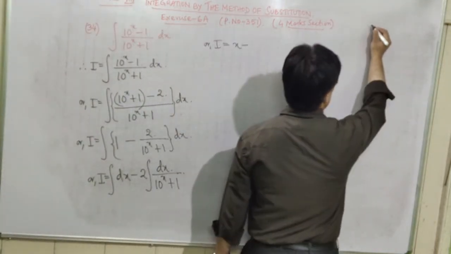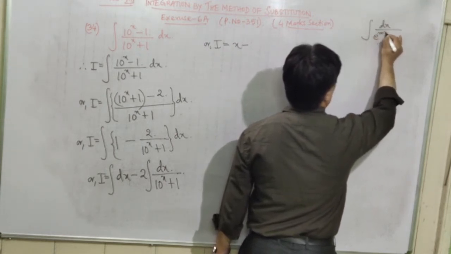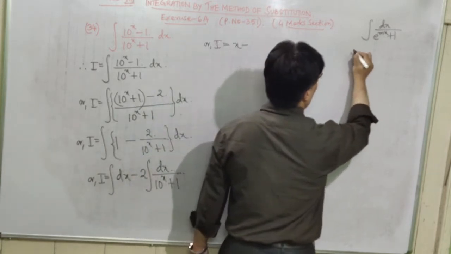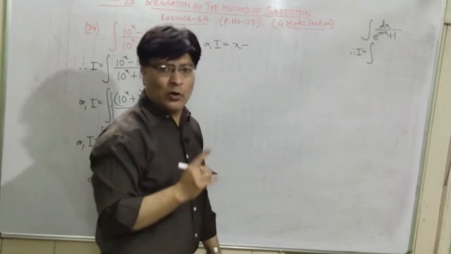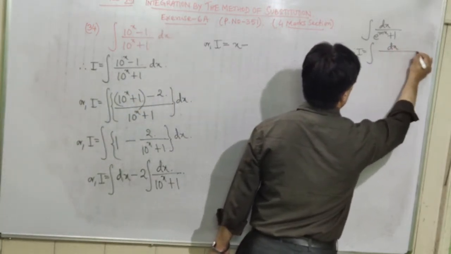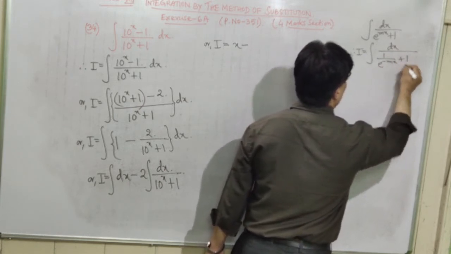So in case of exponential function, that is if you have dx upon e to the power mx plus 1, in this case we can write, what was the method for this problem? We have done it in previous online classes. So integral sign dx divided by 1 upon e to the power minus mx plus 1.